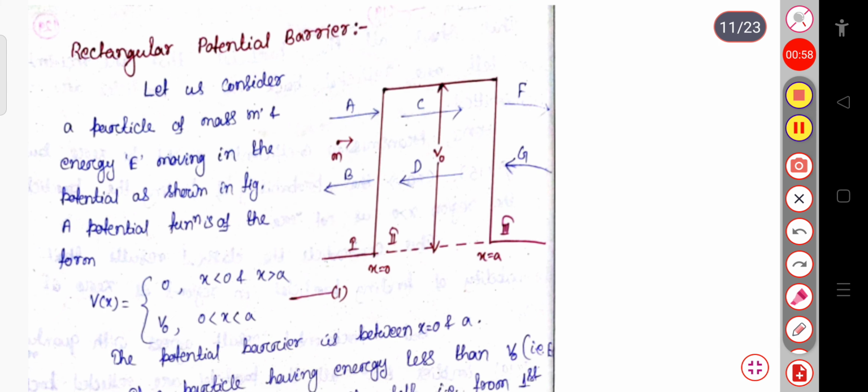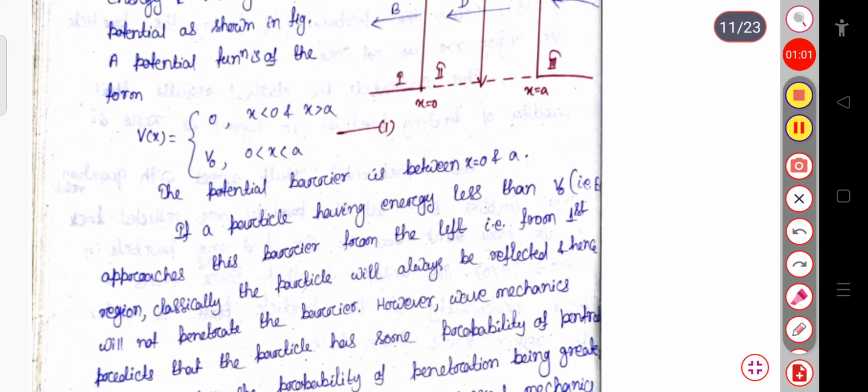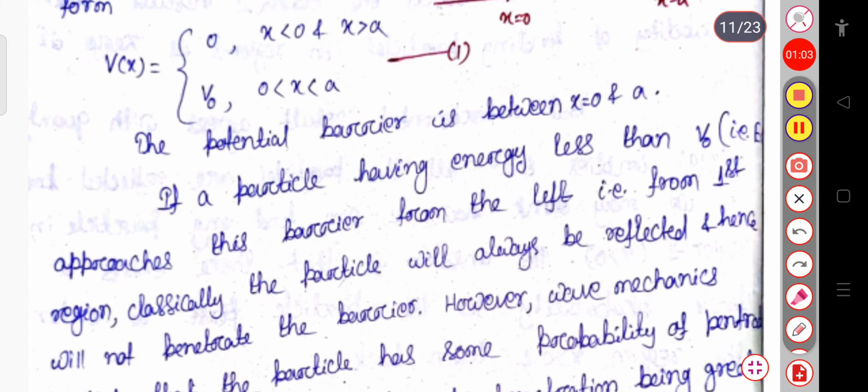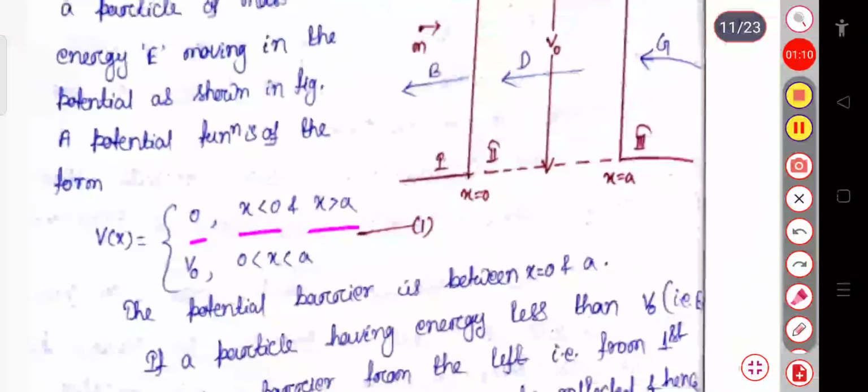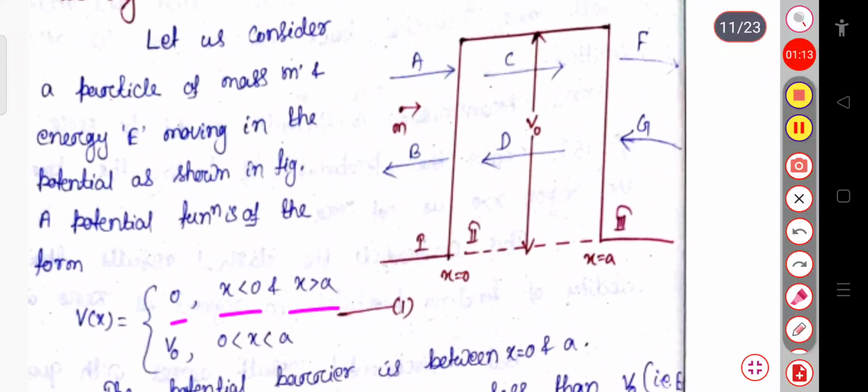So the potential V of x is equal to 0 when x is less than 0 and x is greater than a, and the potential is equal to V naught when x lies between 0 and a. This type of potential is called a rectangular potential barrier.